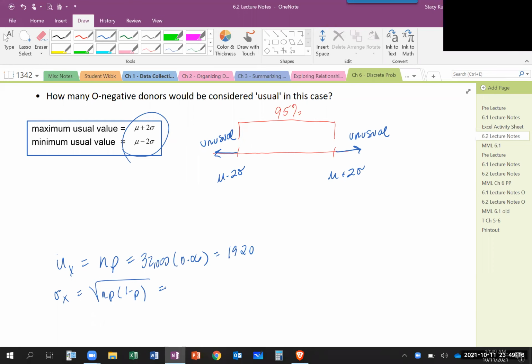Take the square root of it. All right, so 43. I'm going to round up to 43. So we have about 43 for the standard deviation.